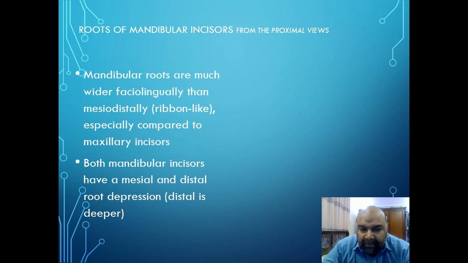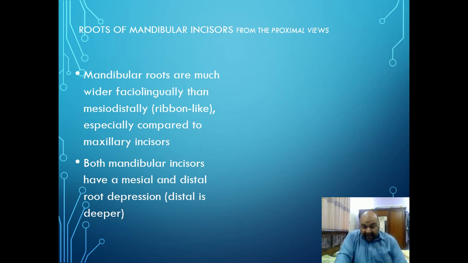Okay, now we'll just briefly look at the roots of these teeth. We had already viewed the proximal aspect. From the proximal aspect, the roots are wider facial-lingually. The whole tooth is wider facial-lingually as compared to its mesiodistal dimensions. And they have mesial and distal root depressions. Now, what is the clinical significance of these root depressions?